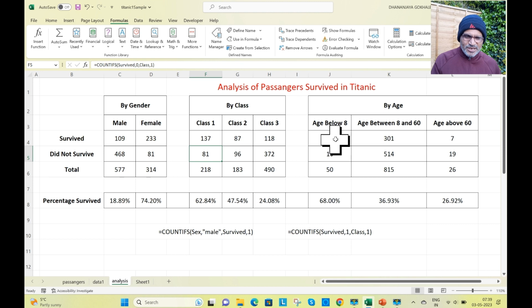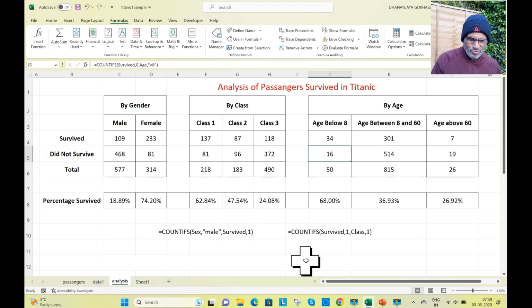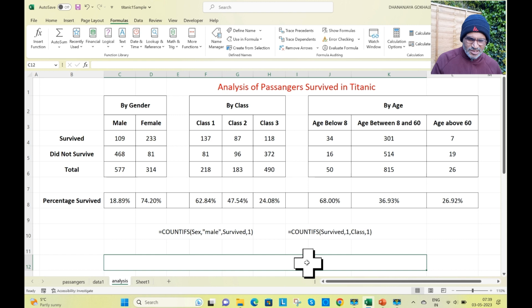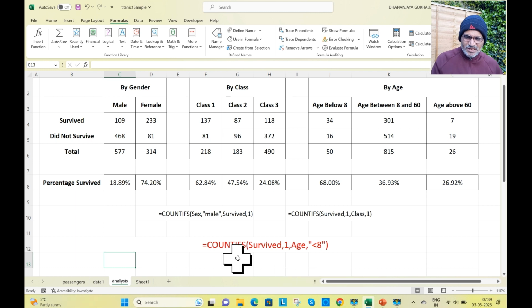So let me take a look at the third one also. Slightly different over here. For those of you who could be slightly out of touch with this, COUNTIFS, again survived is 1.